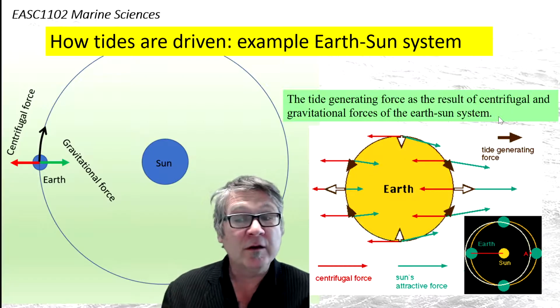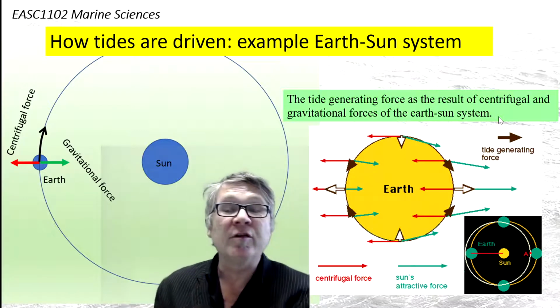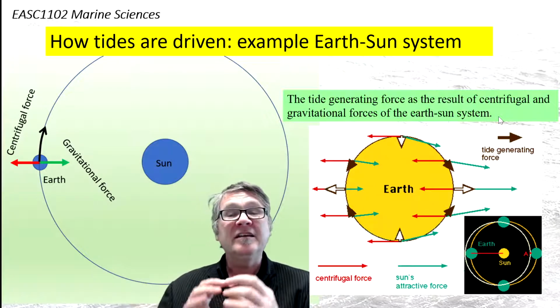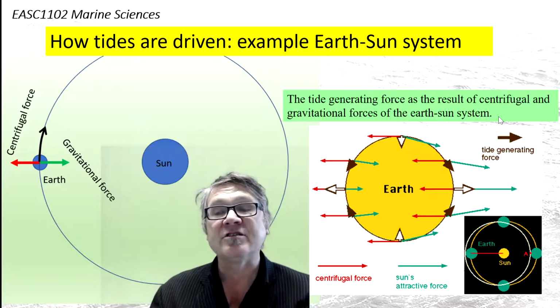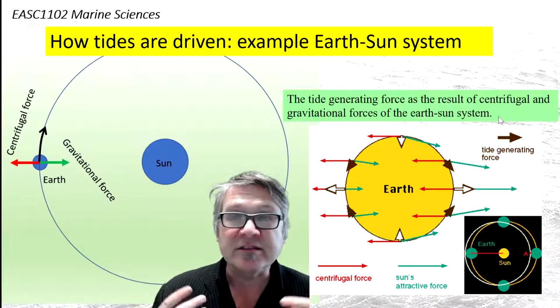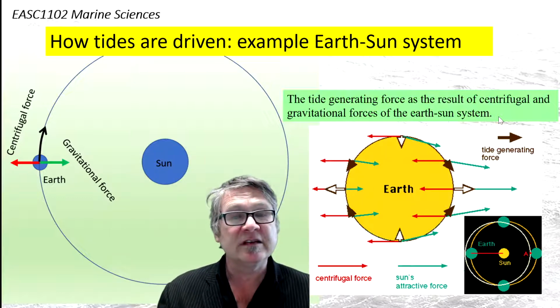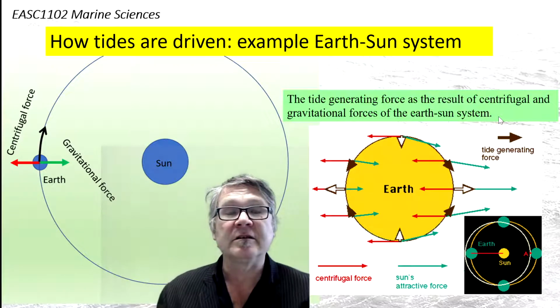So on Earth, there's a balance in the center of the Earth. There's a balance between the gravitational force and the centrifugal force, such that the mean distance between Earth and Sun doesn't change. It's different at the surface of Earth, because there in some parts you're closer to the Sun, in other parts you're farther away from the Sun.